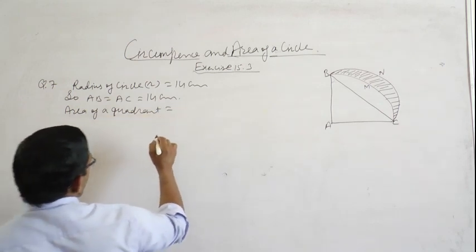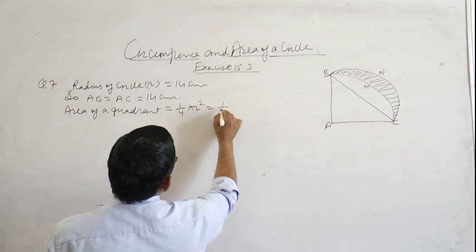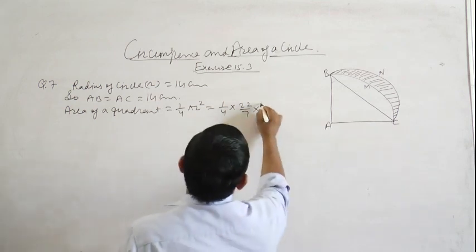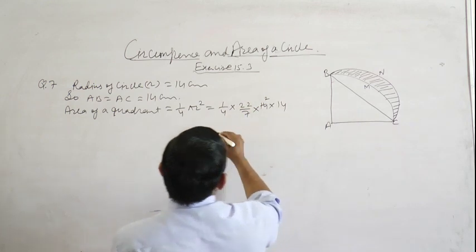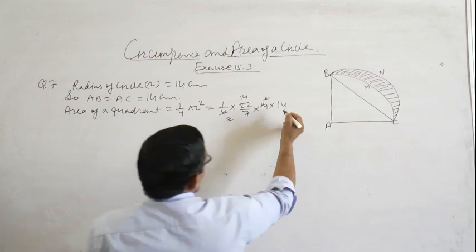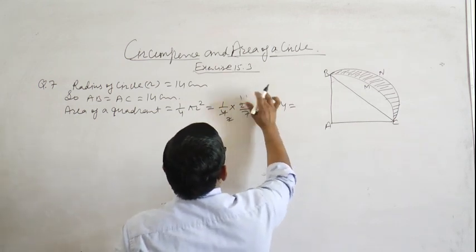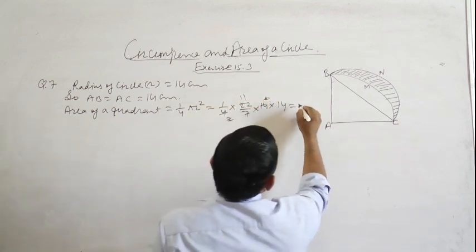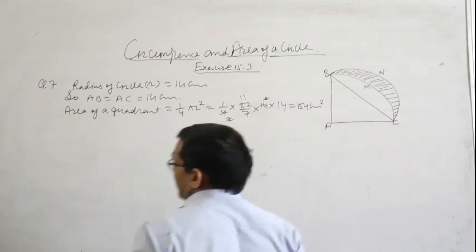Area of a quadrant is 1/4 pi r square, which is 1/4 into 22/7 into 14 multiply 14. 7 into 14 is 2, and 2 into 4 is 11, so 14 multiply 11 is 154 centimeter square.